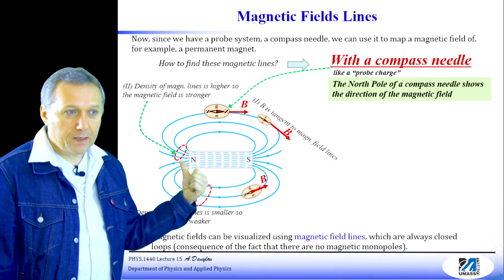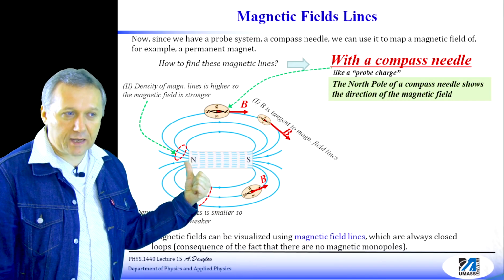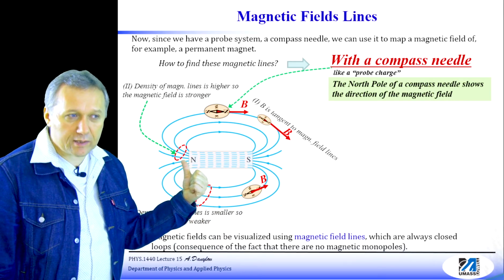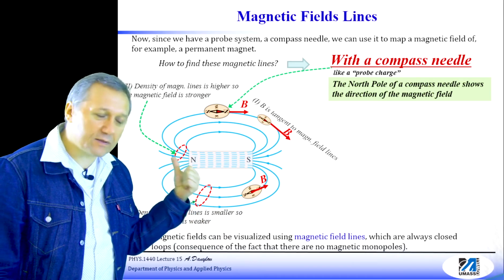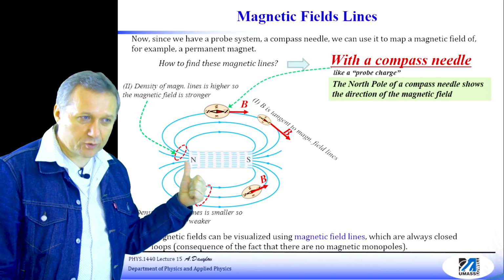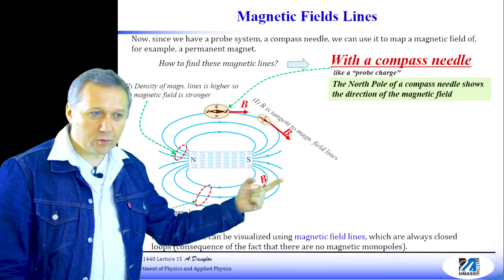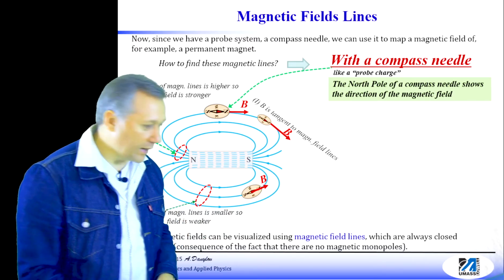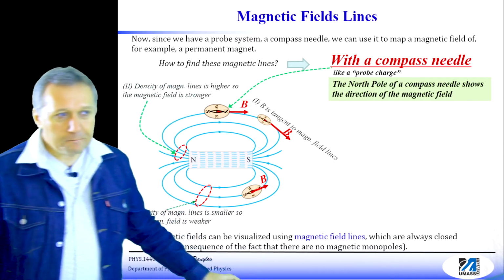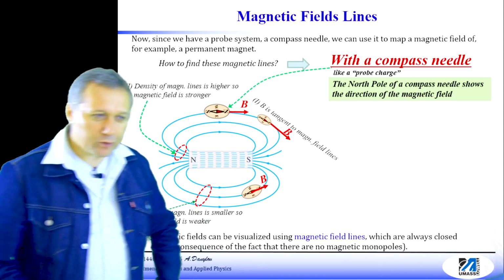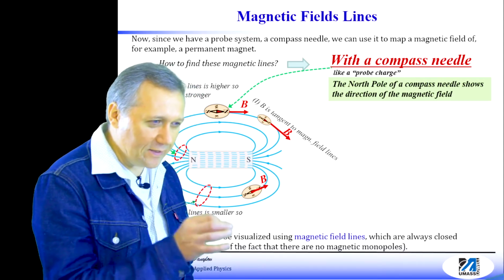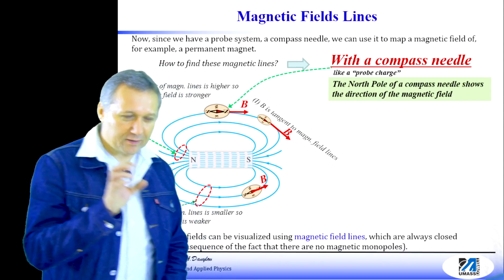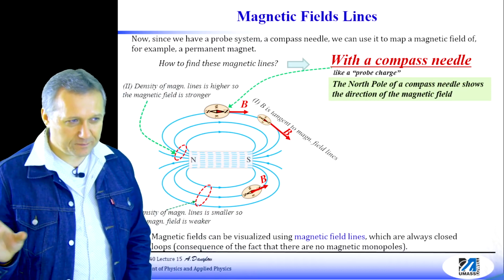And you see magnetic field lines; it looks like they start on the north pole and end on the south pole. It looks like. I emphasize that. Why? Look, you remember in the world of electricity, where did electric field lines start and where did they end?